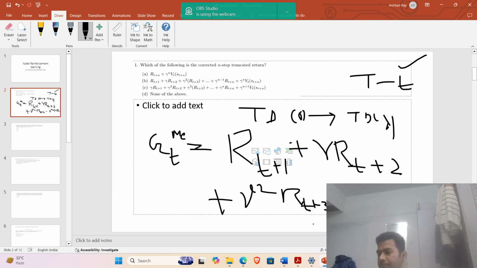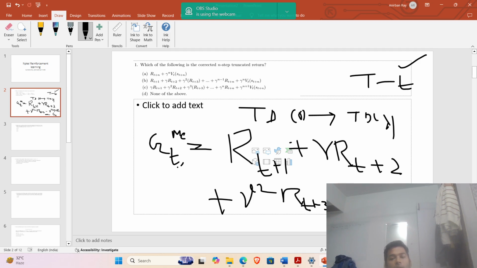So what it actually means is that at current time small t, the return at that point depends on the rewards that you received up to the end.